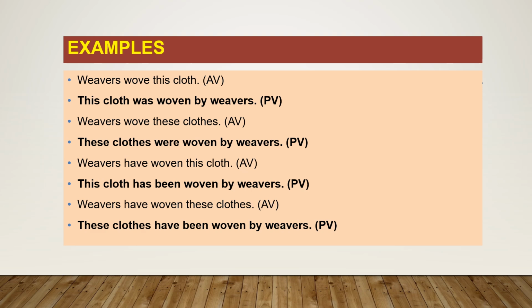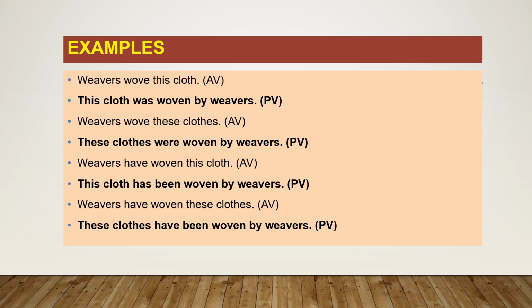So weavers. Weavers has come directly from there, got added using preposition by. Weavers wove these clothes. Now suppose we don't have this cloth, which is singular, we have plural, these clothes. Then what happens? These clothes were woven. Was for cloth, singular. Clothes, plural, were. Were woven by weavers remains the same.